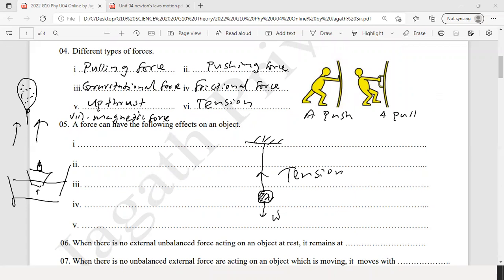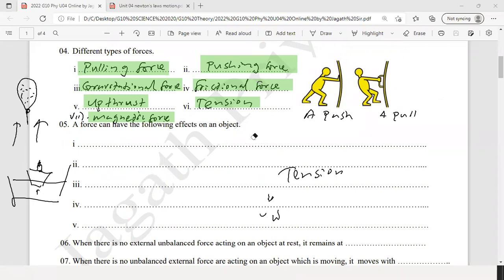Why do we apply a force? There are many reasons for applying a force. For example, if you want to move something, maybe a cupboard or table, or a ball, or a vehicle, or any object at rest, you have to apply a force, and that force must be unbalanced.